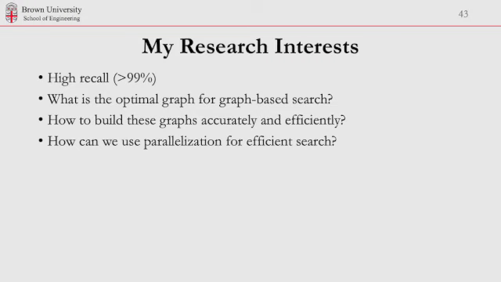I originally started with exact search, and now I'm interested in high recall, around 99% accuracy. I'm also interested in what is the optimal graph, or what are some of the optimal graphs for search? How can we build these graphs accurately and efficiently? And how can we use parallelization in search, as I mentioned?